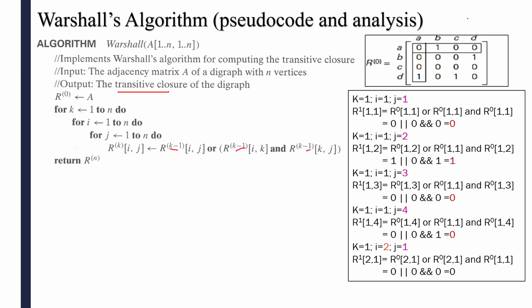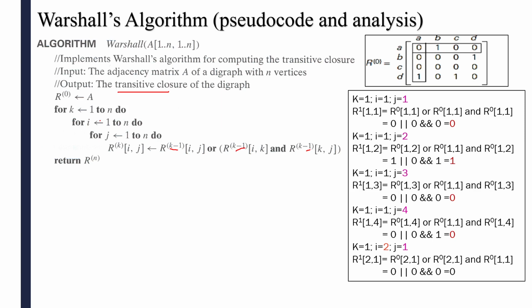Here I'll take the same example. For this example, I solved one iteration here. For example, in the first for loop k equals 1, and i equals 1 and j equals 1. Then the value of R of k is what now? 1 here. And the i value is 1. And the j value is also 1 here. If I want to find R of 1 comma 1, the meaning of that is the first row and first column.